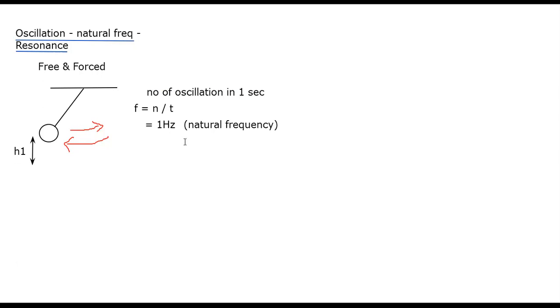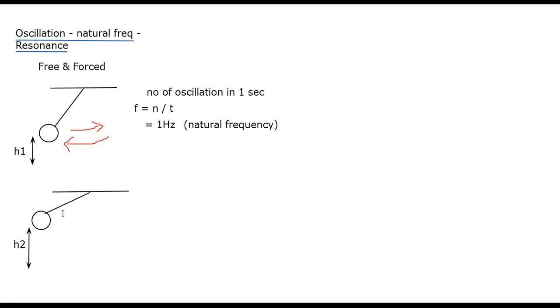Now, let's say the second time, if I bring it higher, let me draw it out. I take the same pendulum, but now I displace it higher. I hold it up higher before I let go. So the height has now increased. This h, maybe we call it h2. h2 is higher.